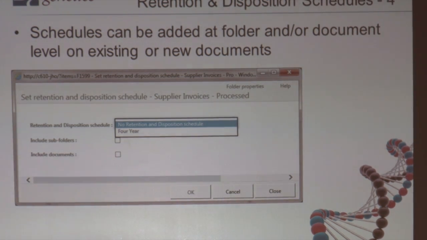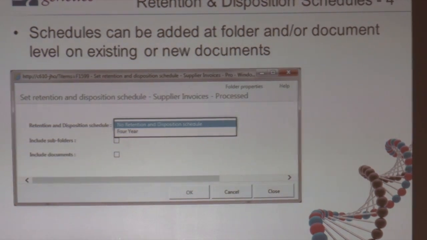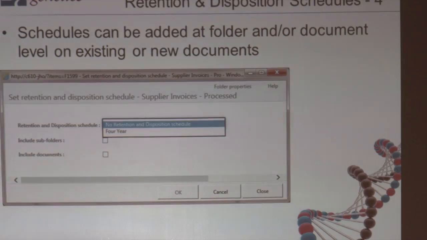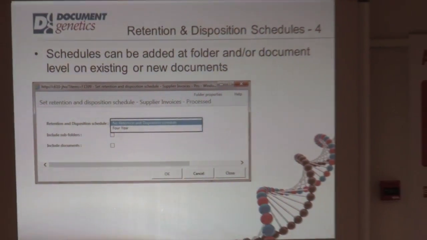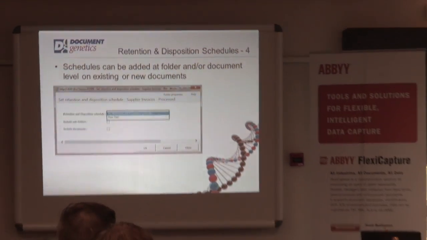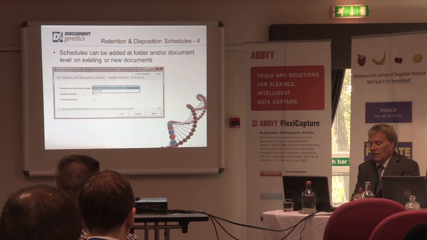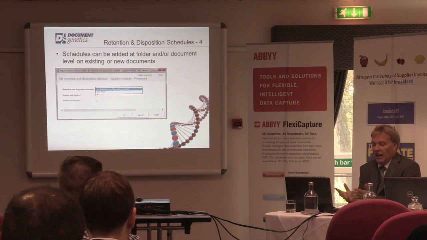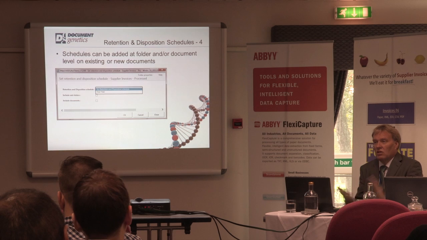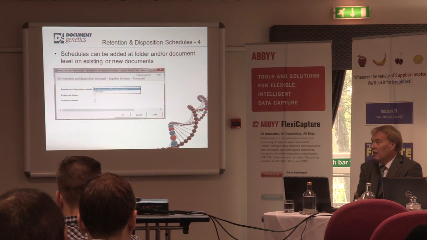So if you say, right, company policy is to retain these documents for 4 years. I think for tax purposes it's 6 or 7 years. We have some manufacturers using infoRouter that are producing components that they need to keep records for over 20 years. So each company's varies. It might be you're a company that the documents you've got in here you want to dispose of after 2 years, 1 year.